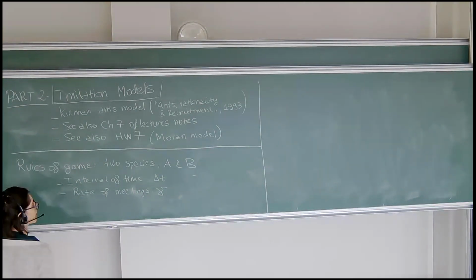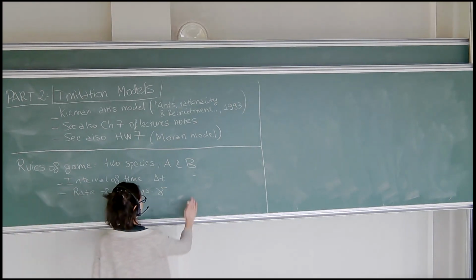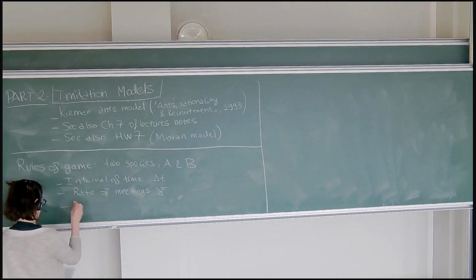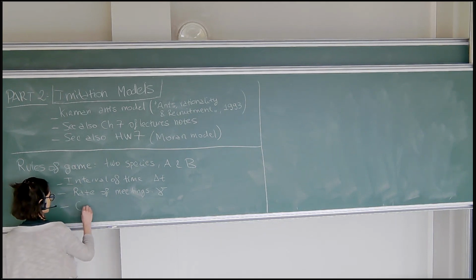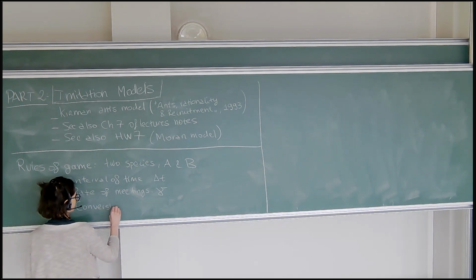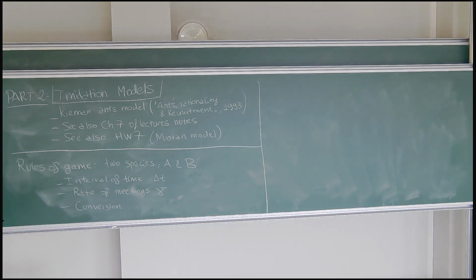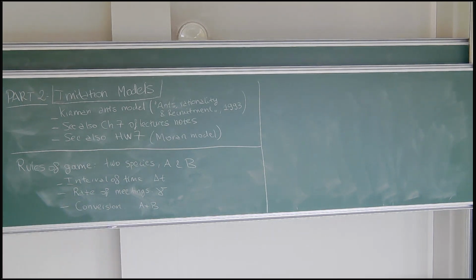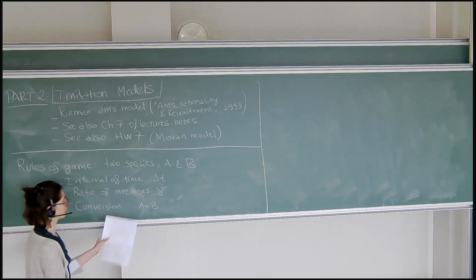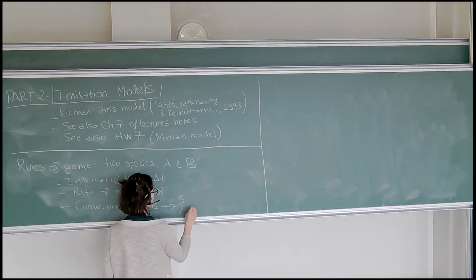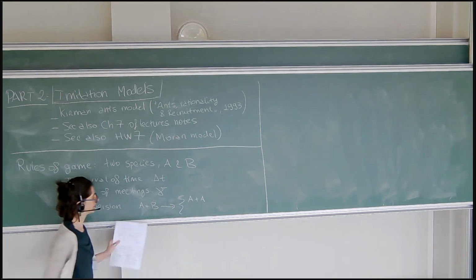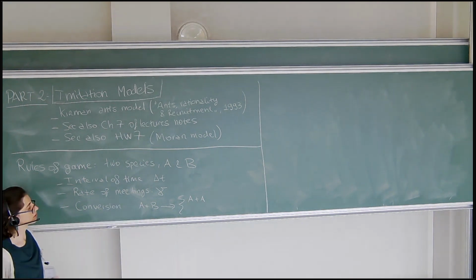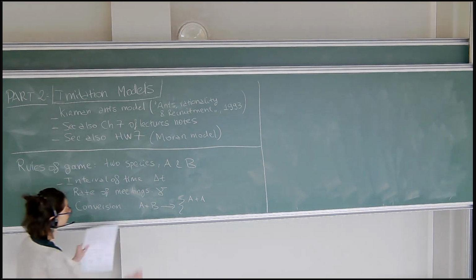There is some influence of one on the other, and there can be some conversion. Conversion means that you have two individuals, one of type A and one of type B, that meet together with rate gamma, and as a result either the individual of type A is able to recruit the individual of type B into its team, or vice versa.